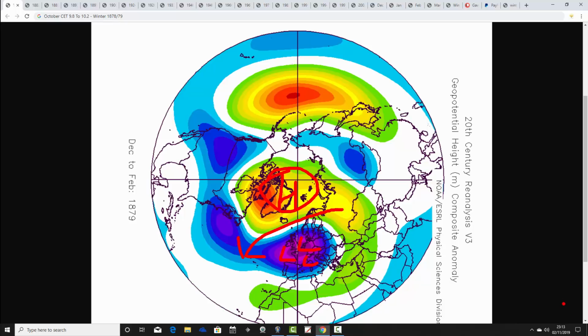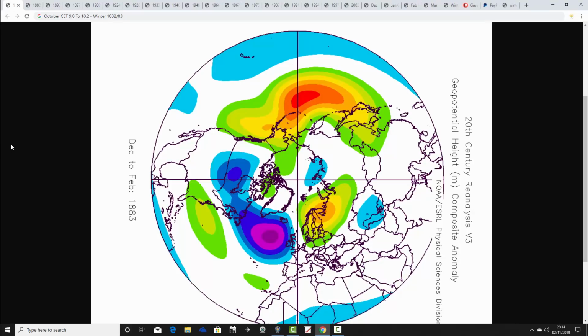That's a severely cold winter in 1878, 1879. The last time we had a yearly CET of under 8 degrees, in the sevens, for a whole year was back in 1879, and this severely cold winter of 1878, 1879 was a big part of that.